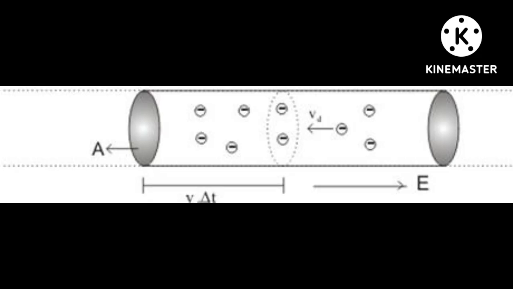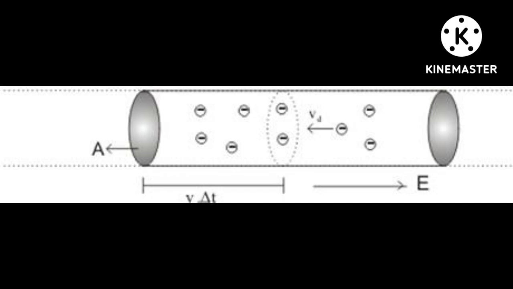Now we take the case of the electric field. When an electric field is applied, how do the free electrons behave? You can see in the figure the symbol E denotes the direction of the electric field, and due to the electric field the free electrons experience a force in the opposite direction, so their motion is opposite to the direction of the electric field.